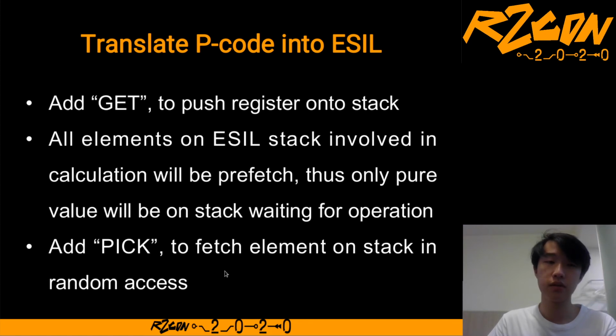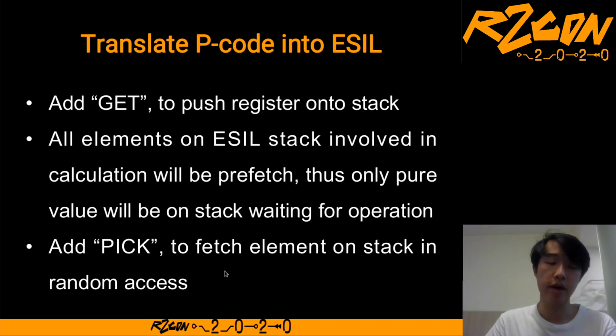This works as a guarantee that all values involved in the calculation are pure values, so you will not worry about register read problems. Third, add a pick command to fetch elements on the stack with random access.